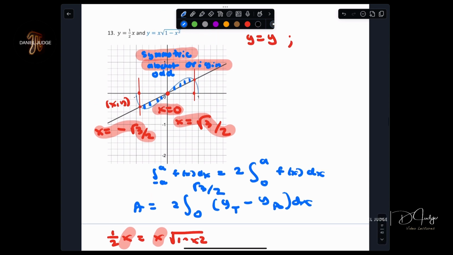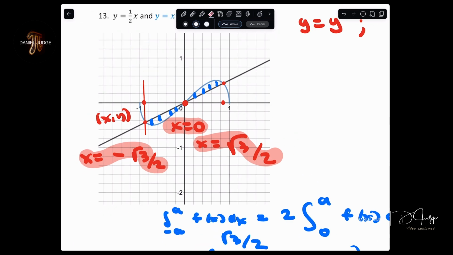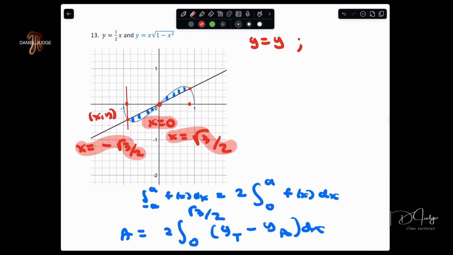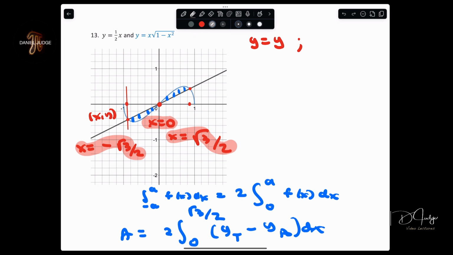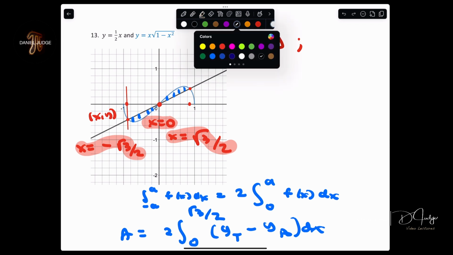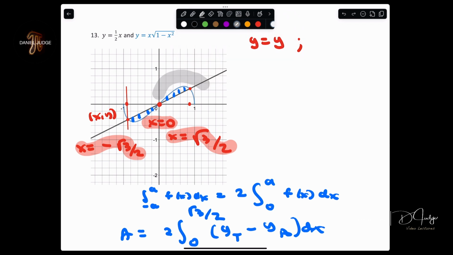We just have to identify the top and bottom curves. Now, this is really nice because if we do a deep dive, the fact that I'm focusing on this portion here, let's get the gray, my focus in terms of integration is on the right portion.